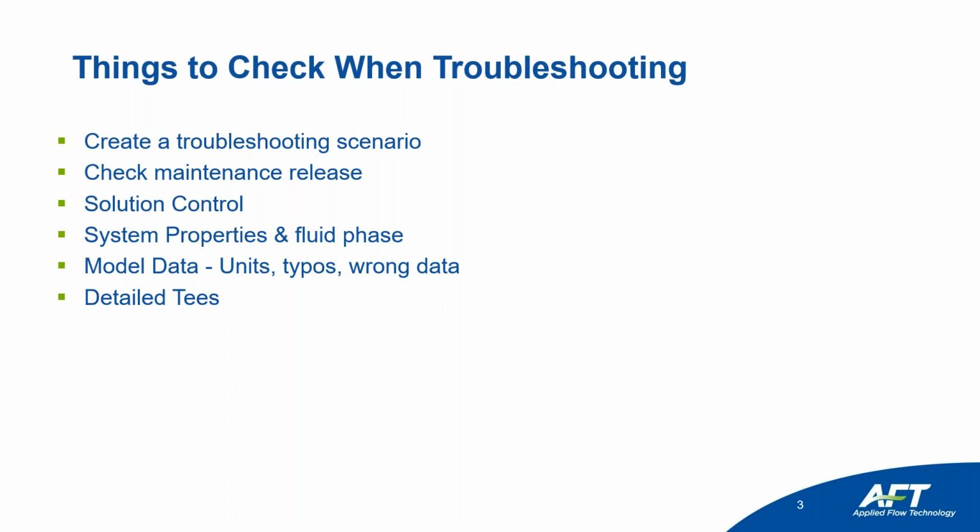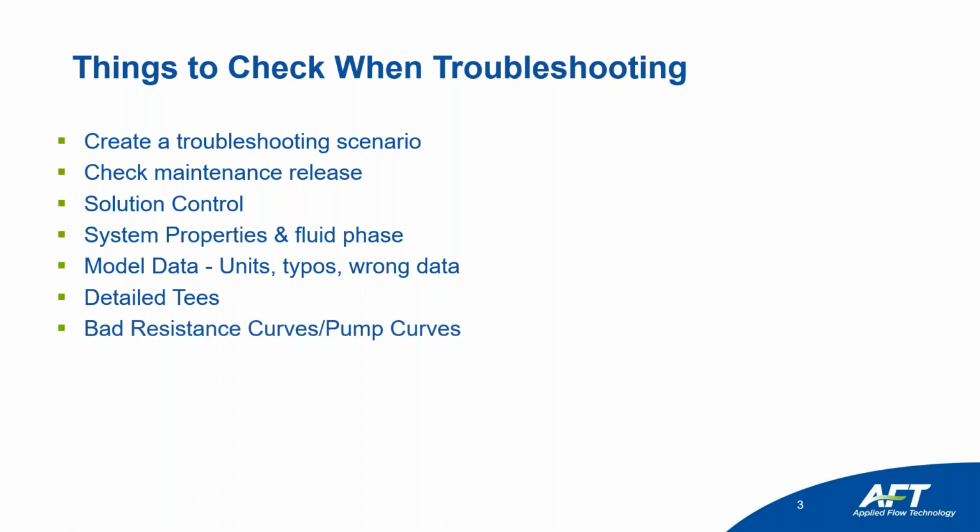So a lot of times you can get away with using simple T's and your model will still carry a very high level of accuracy. And so that's one of the things that I look for. If the model is not converging or if it's having an issue and I see that detailed T's are used, that's one of the other first few things that I'm going to change, to help simplify the model to diagnose what the problem is.